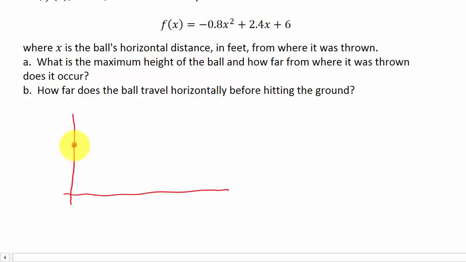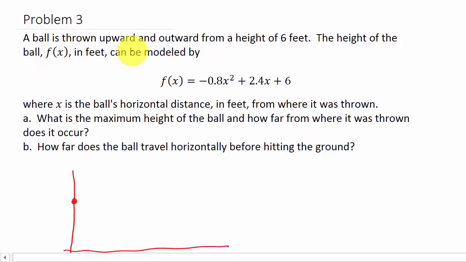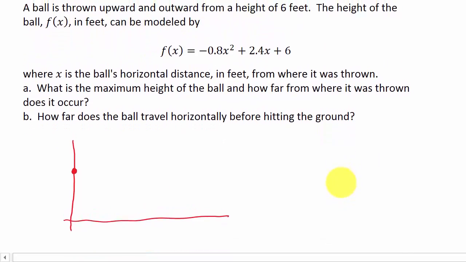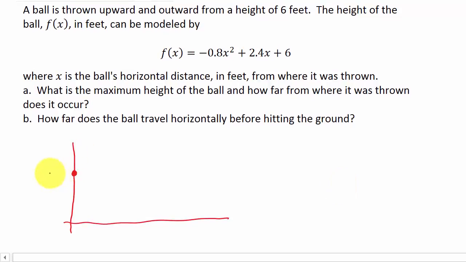And this is the 6 feet, because if you remember, it says a ball is thrown upward and outward from a height of 6 feet. So this is our 6 feet right here. Now, it's thrown upward and outward.